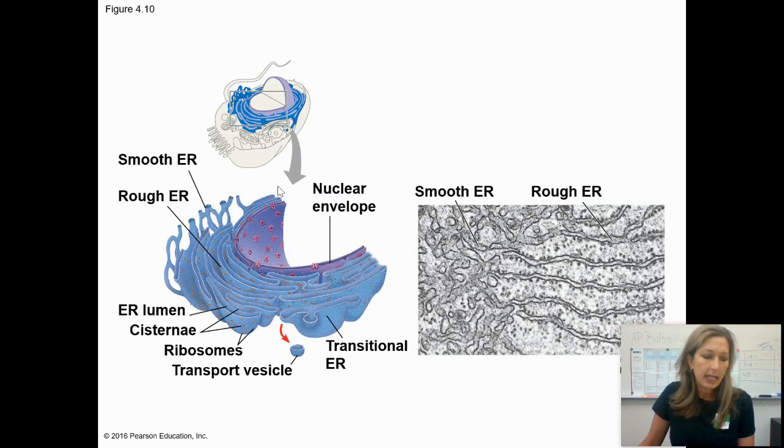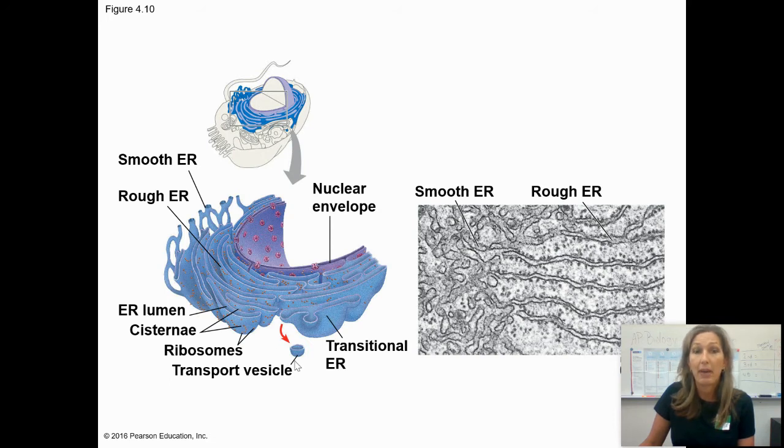Now, what I'm also seeing in this particular picture, so here is my rough endoplasmic reticulum. My rough endoplasmic reticulum is going to be the site of protein synthesis with the bound ribosomes. Primary structure is going to be formed here, possibly secondary, possibly some tertiary structure. But in order to get modified fully, what has to work together is the rough ER with the Golgi apparatus.